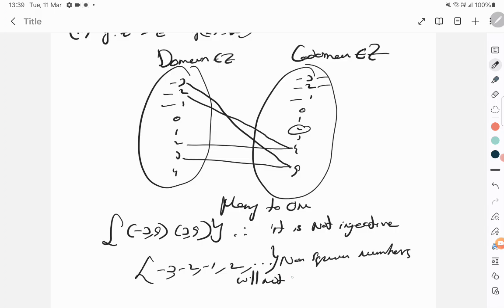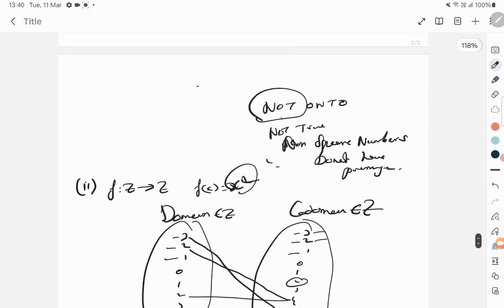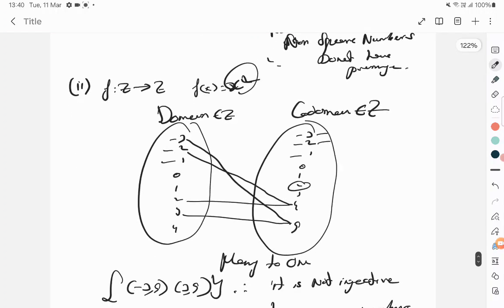So it is definitely not onto, or not surjective. So this is a natural way of writing, which is what is given in all the websites.